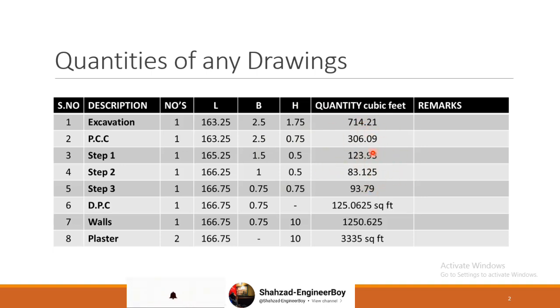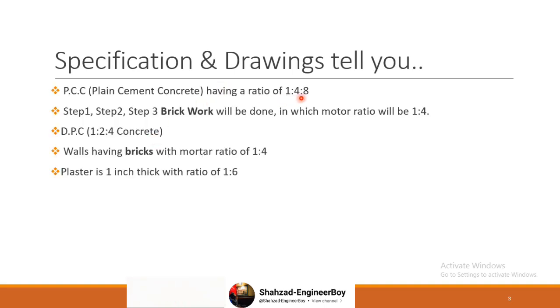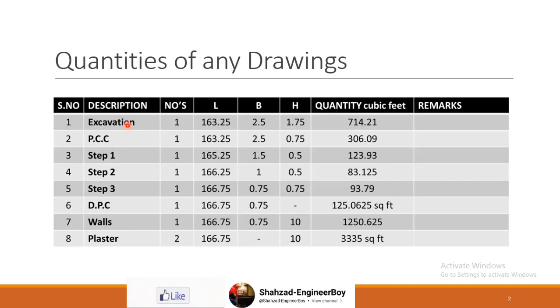In this diagram, PCC having a ratio of 1:4:8 means the concrete will have 1 part of cement, 4 parts of sand, and 8 parts of aggregates. Then excavation is definitely understood, that is 714.21 cubic feet of excavation.